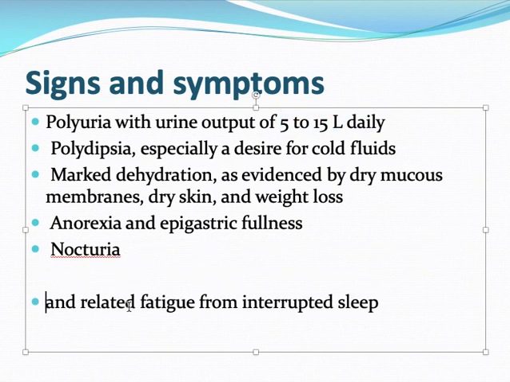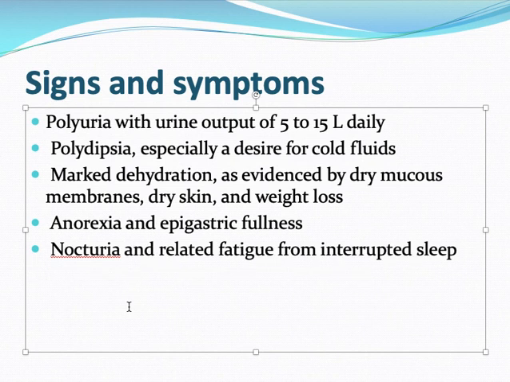To tell you more about the urine formation, a normal person, on average, produces somewhere between 750 to 1.5 liters of urine each day.